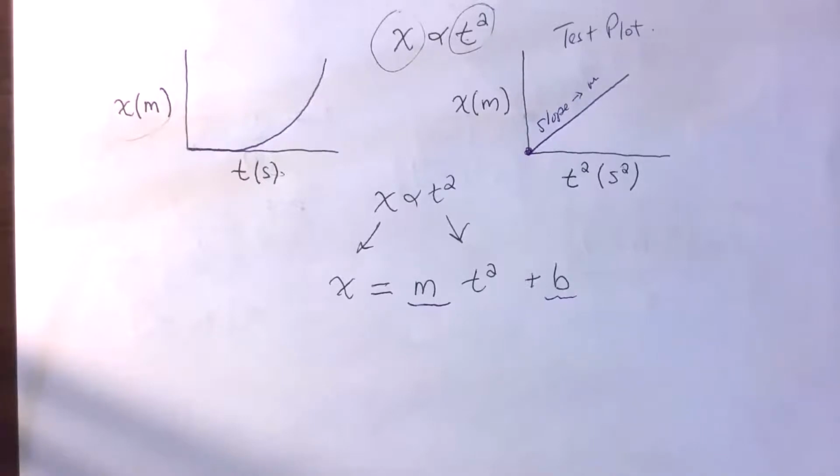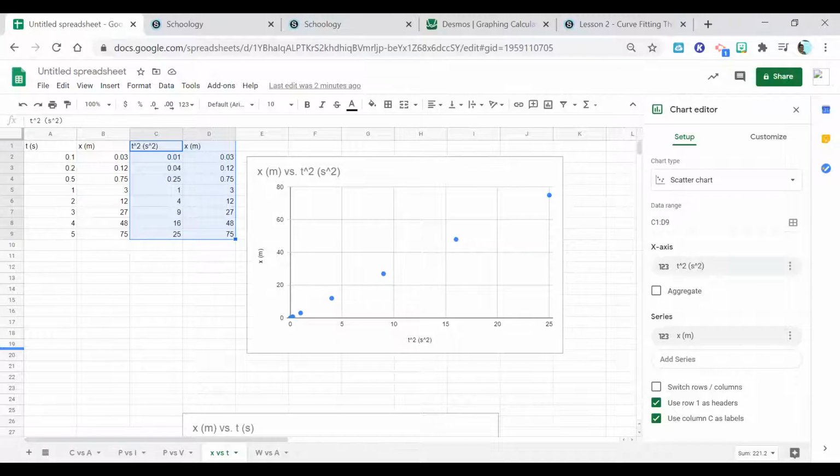What we'll do, go back to the spreadsheet. So we'll select this graph, go over to the chart editor. Right now it's set up with the scatter chart and these two checkboxes included like in the previous graph.